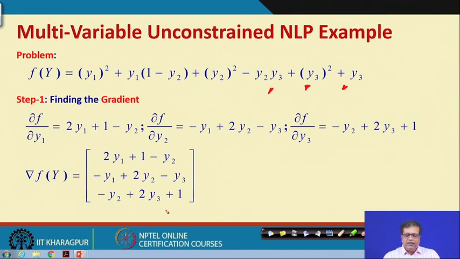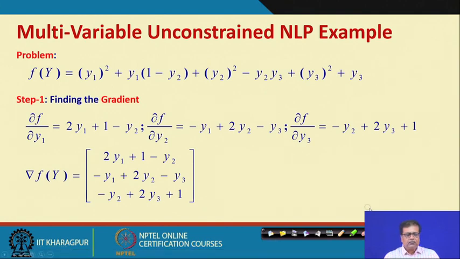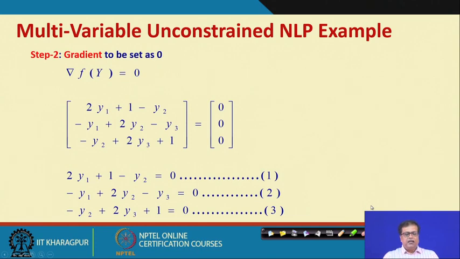After the gradient, the next step is that the gradient should be set to 0. That is what we have done here. It basically means setting the three terms equal to 0 separately.